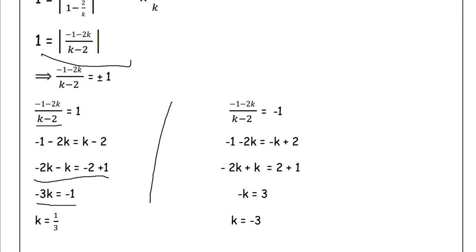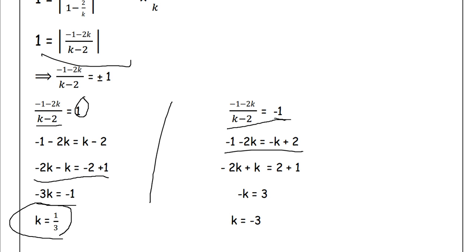And we said that the answer is 1, positive or negative, not only positive. So here we have negative 1 minus 2k over k minus 2 equals negative 1. We can make this like a fraction, negative 1 over 1.